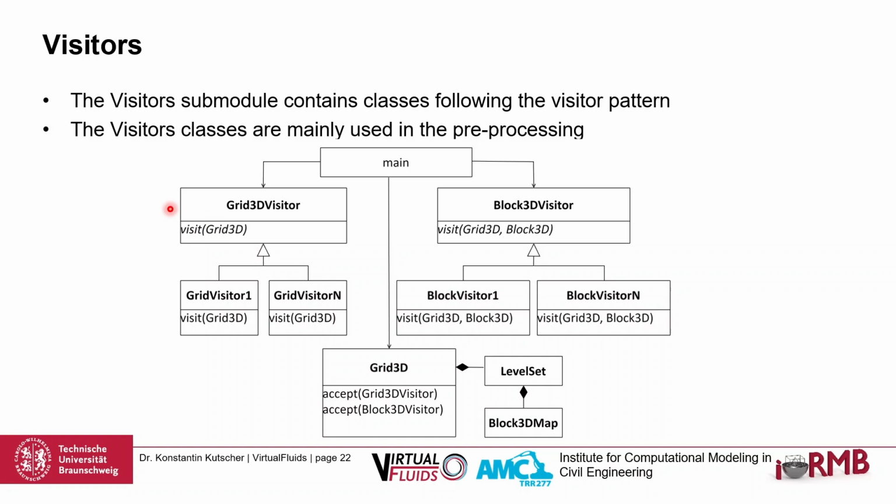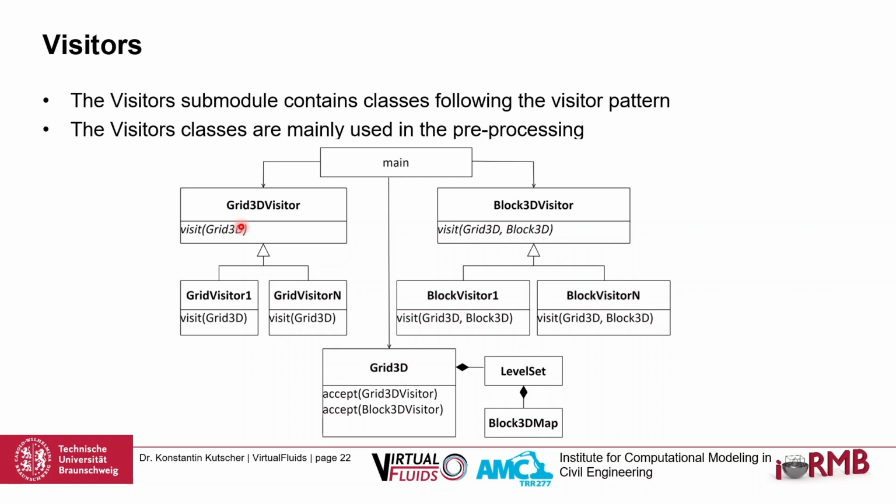We have two kinds of visitors: a grid 3D visitor and a block 3D visitor. A grid 3D visitor means you operate on the level of the whole block grid, and with the block visitor you operate only inside a block.